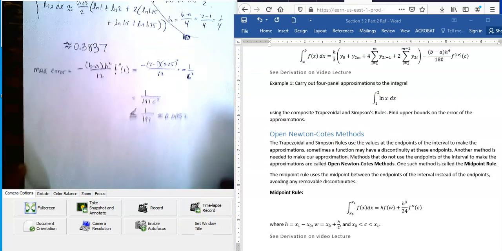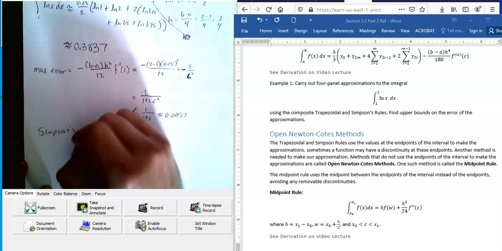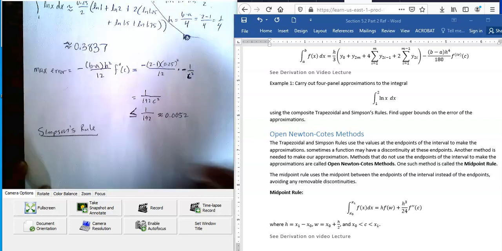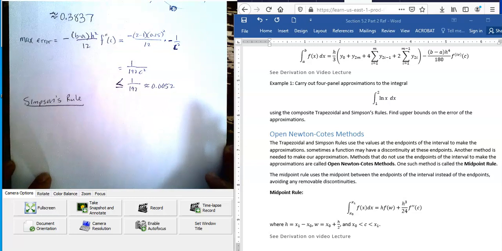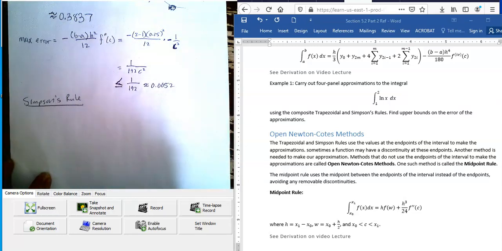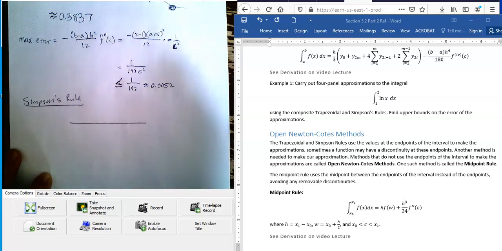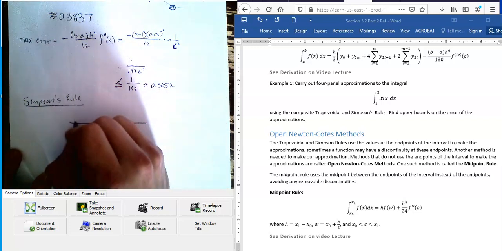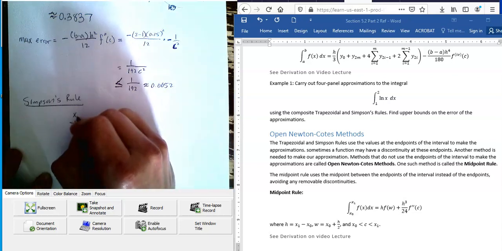Now for Simpson's rule, okay. So with Simpson's rule, if you have your formula handy for that, note that we need to partition the x-axis into x coordinates, right? So if we want, here's 1 to 2, that's our x naught.